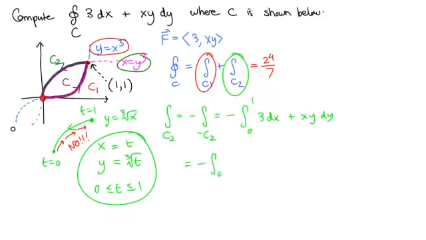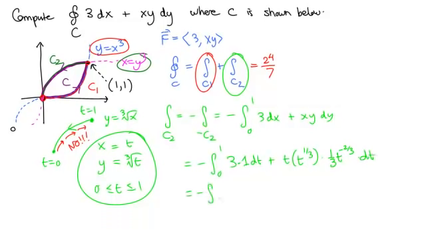So minus the integral from 0 to 1 of 3 times the derivative of x, which is 1 dt, plus x times y, which is t to the 1/3, times the derivative of y dt. Now the derivative of y is going to be 1/3 t to the minus 2/3 dt.